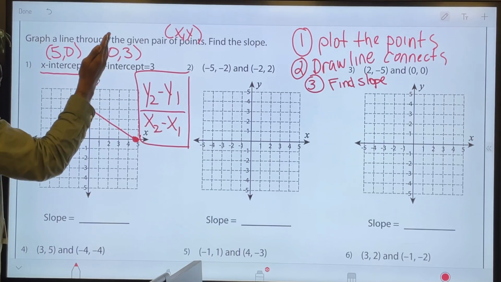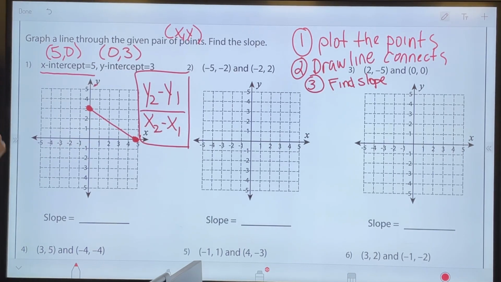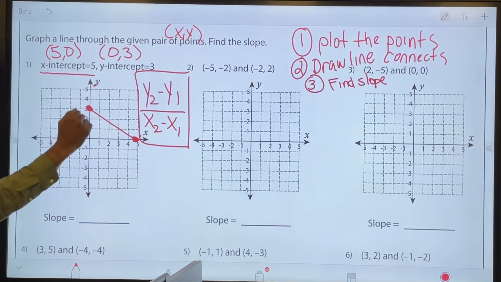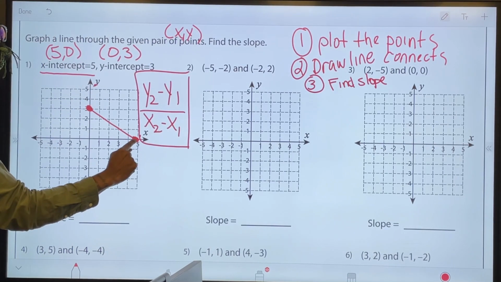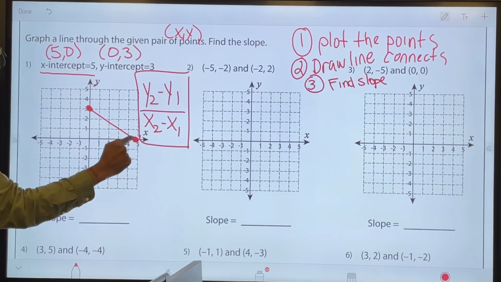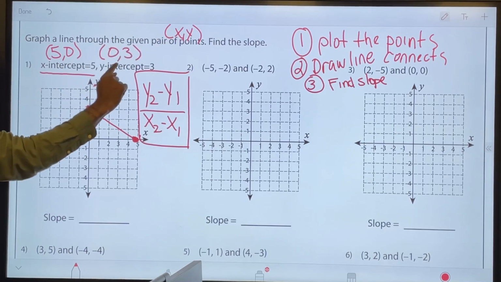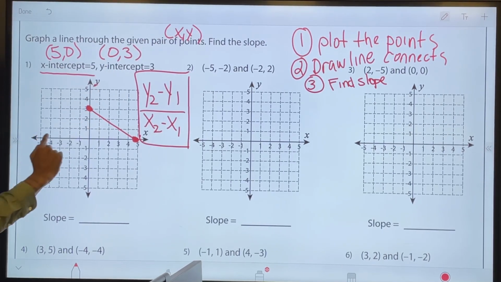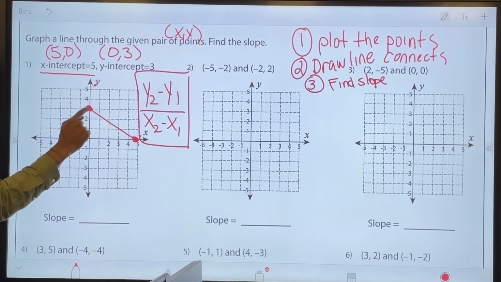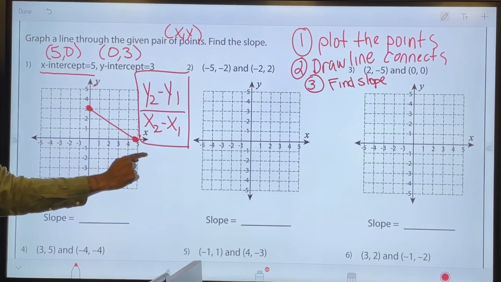If it's a y, the 0 comes first, then the y. So the x-intercept, 5 for the x, 0 for the y. 5 on the x, where's 0 y at? Same line. So that's 5, 0. Y-intercept, 0 on the x, and up to 3 on the y. That's your points. These are your 2 points, connect them.